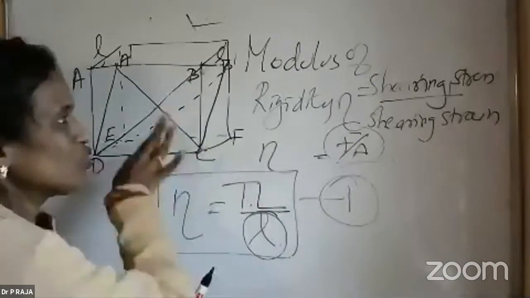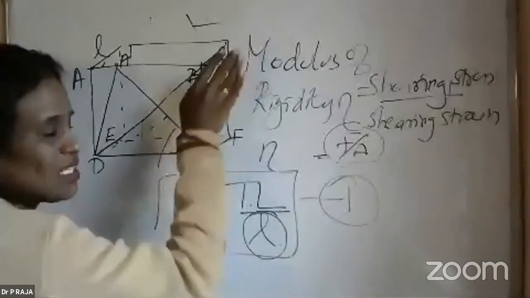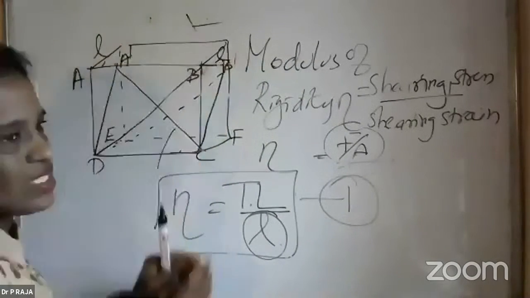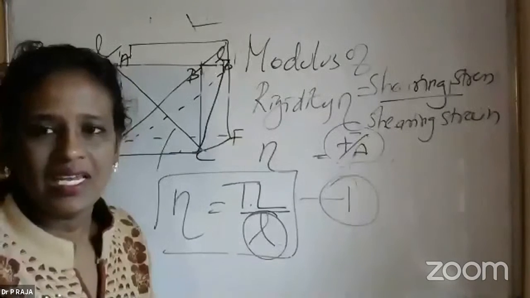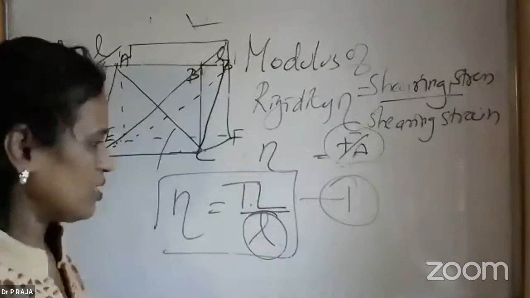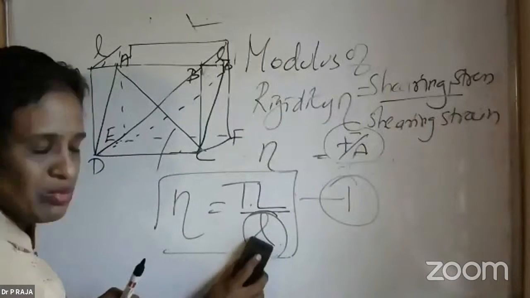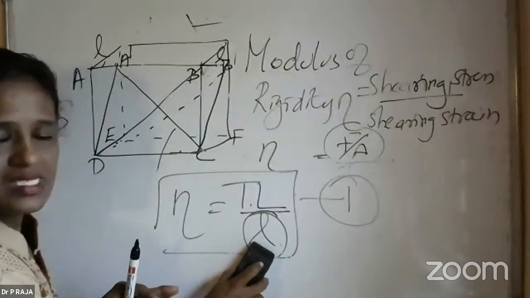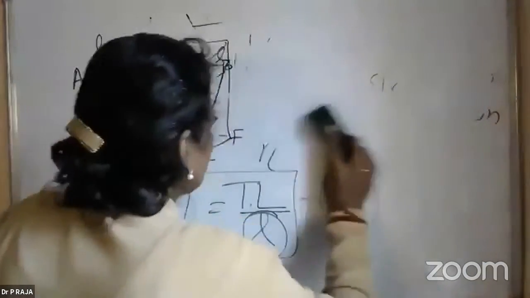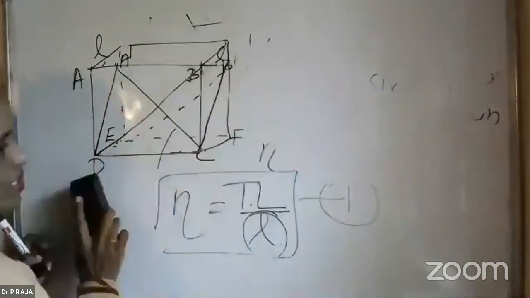There is elongation due to the tensile stress acting along this side, and this also is getting compressed, adding up to the addition of the length. So we need to add up both the elongations together, and then we will come back and substitute that value of L in this equation. That is our final aim.